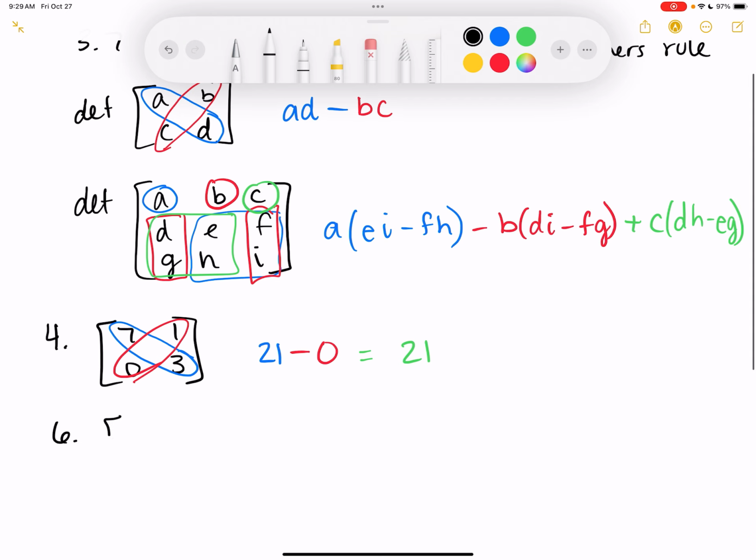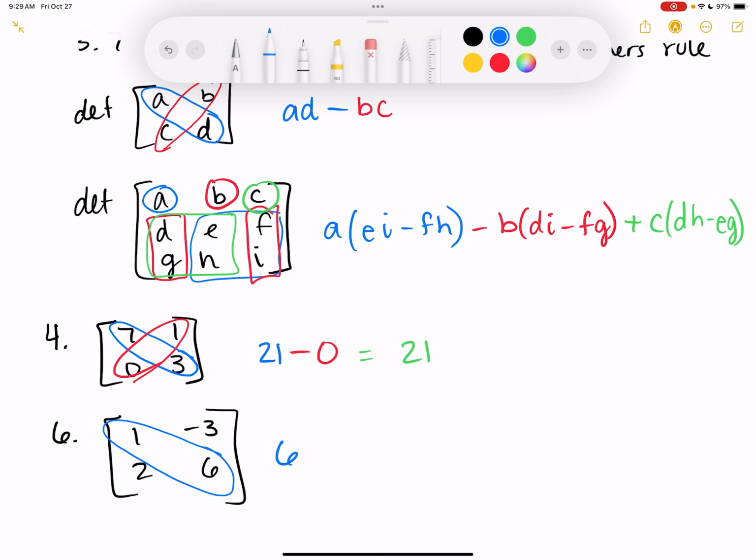Number 6, you have the matrix 1, negative 3, 2, and 6. So 1 times 6 is 6, minus negative 3 times 2, so that's negative 6. This becomes plus 6, which is equal to 12.